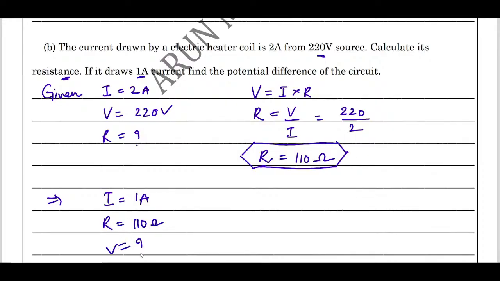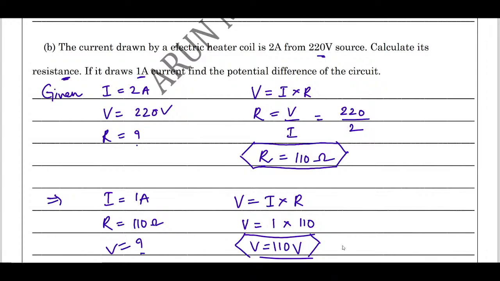We need to find out the potential difference V. Now again, by using the same relation, V equals I into R. Now V equals 1 ampere into resistance 110. We get V equals 110 volts. Therefore the potential difference is 110 volts.